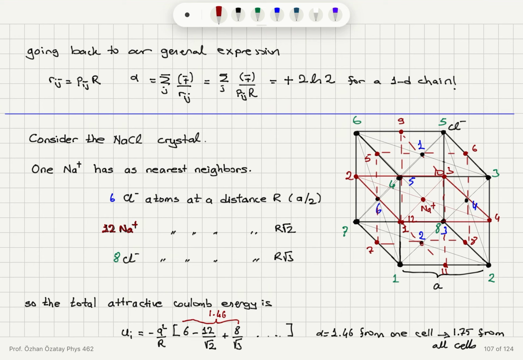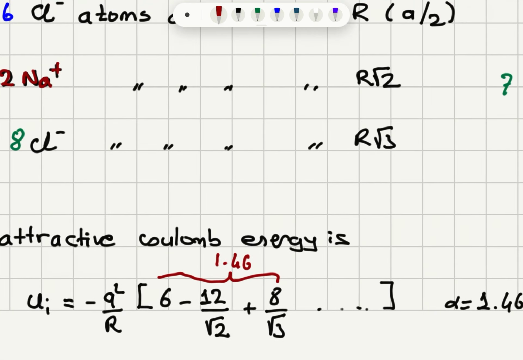And then for the 12 sodium plus ions and the sodium plus in the middle, the distance is capital R square root 2, so it will be plus Q squared over R square root 2 multiplied by 12, and then from the 8 chlorine atoms we have minus 8 Q squared over R square root 3, etc.